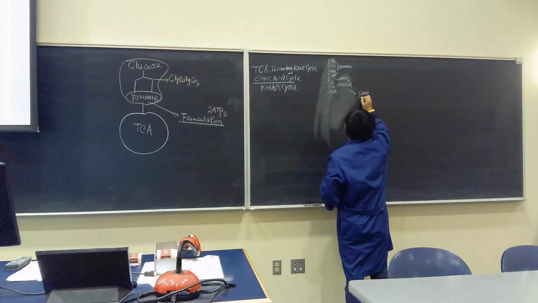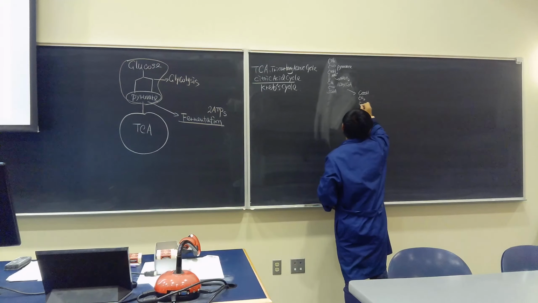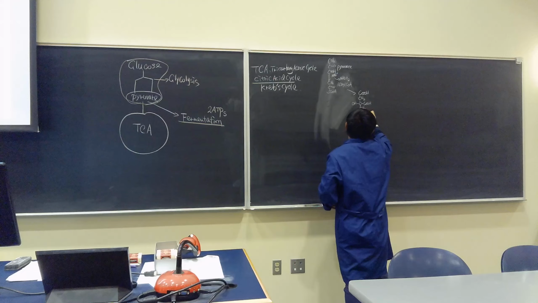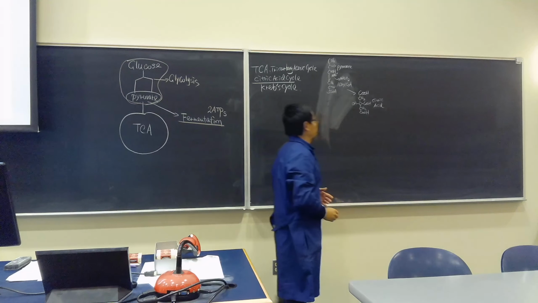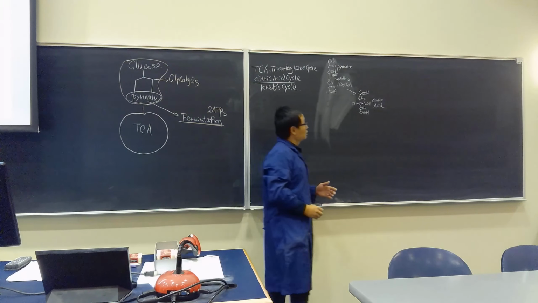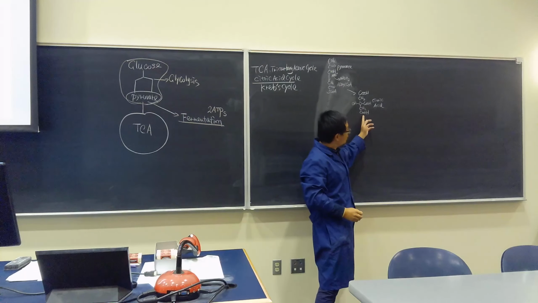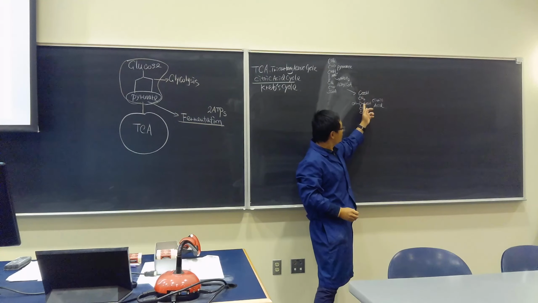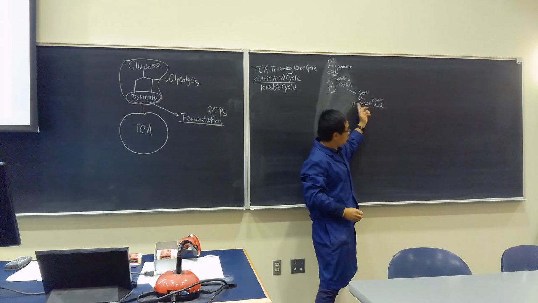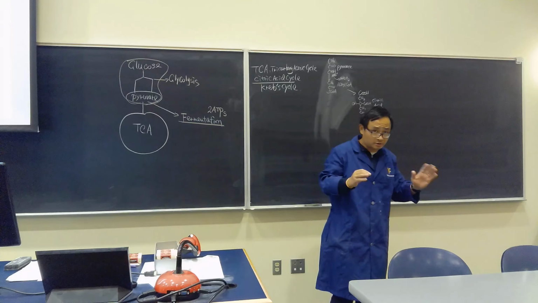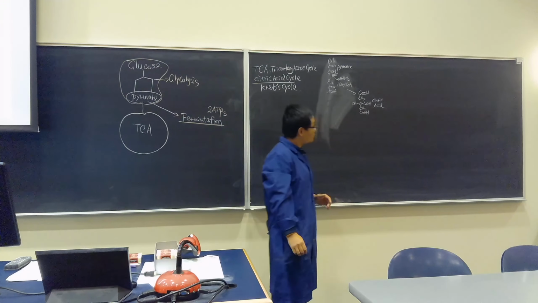COOH, CH2, then go here, C-OH, COOH, CH2, COOH. This is citric acid. And it is actually not difficult to memorize, because you see three COOH at the top, middle, and bottom, CH2 is there, and the hydroxyl group is on the center carbon. So it looks symmetric, it's easy to understand. Not really difficult.